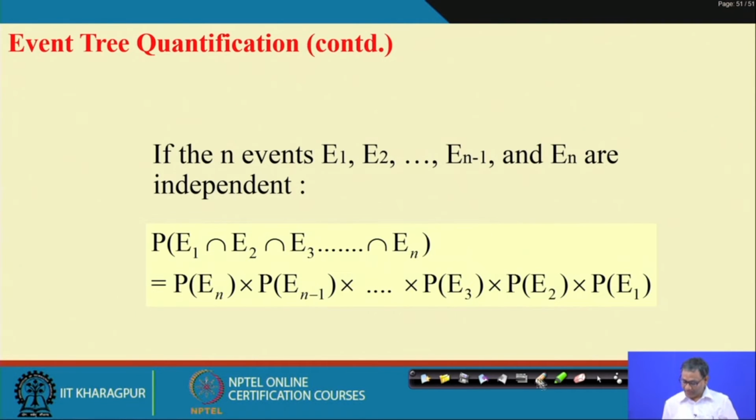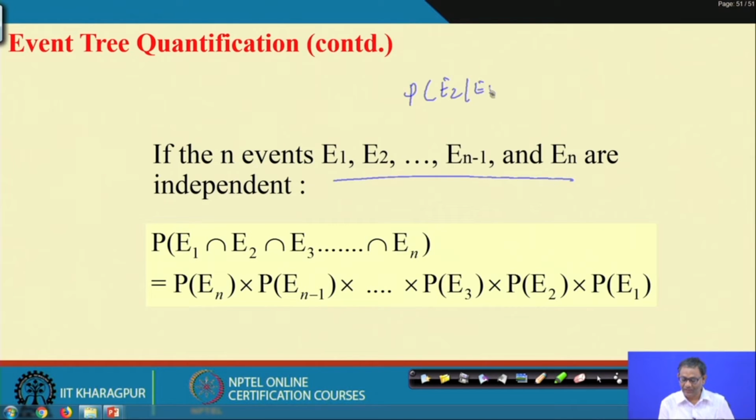Now, what will happen when the events are independent? If events are independent, then I can write that P(E2 given E1) is nothing but P(E2), because whether E1 occurs or does not occur, it does not matter.